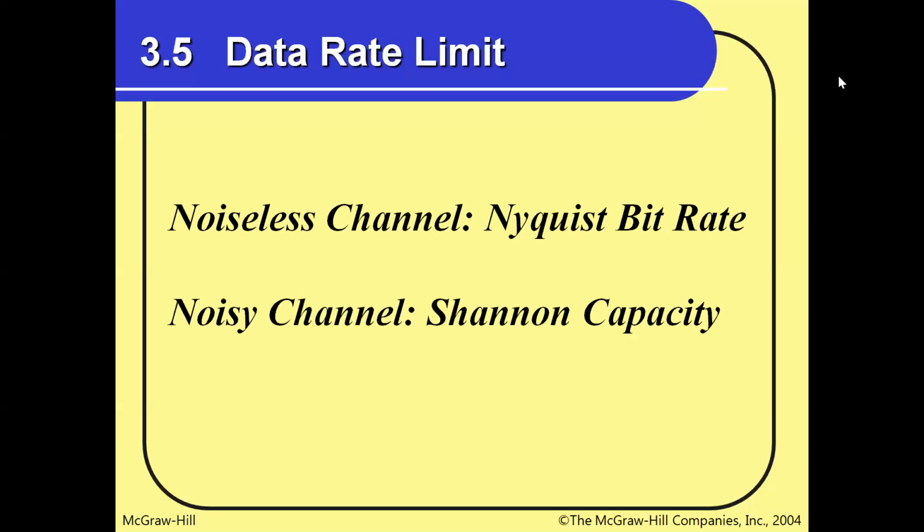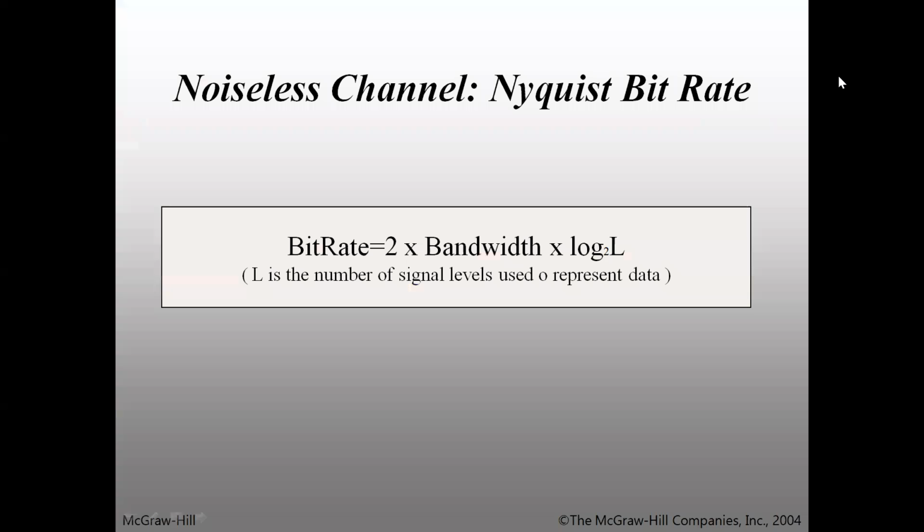To find out the maximum bit rate here we use Shannon capacity. First we'll start with the noiseless channel, where the formula for bit rate is 2 into bandwidth into log L base 2, where L is the number of levels used to represent the data.